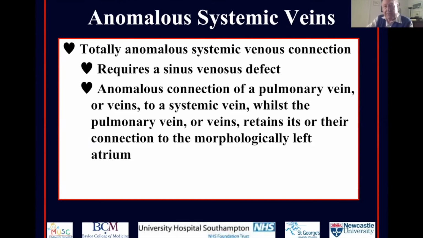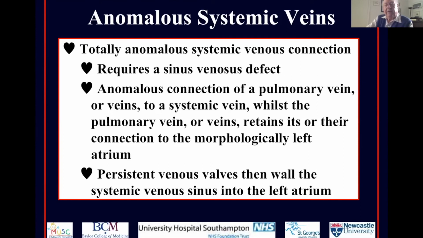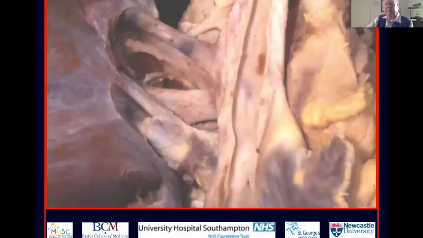So that's why it's important to think of this as we discuss anomalous venous connections. And it is in the presence of such an anomalous venous connection, part and parcel of the sinus venosus defect, that in an extreme form can permit the venous valves to sequestrate the entirety of the systemic venous sinus into the left atrium.